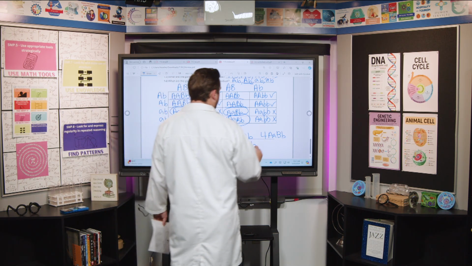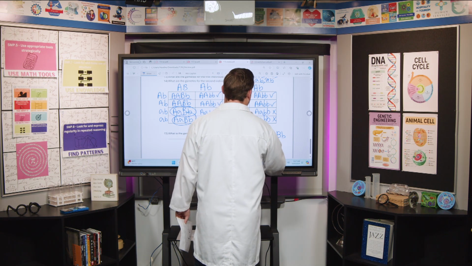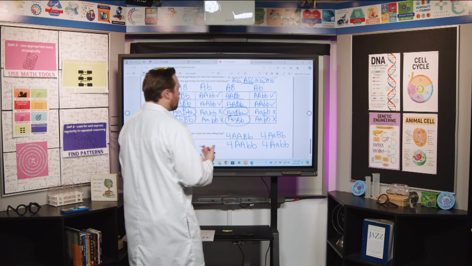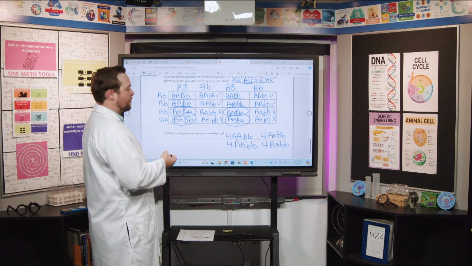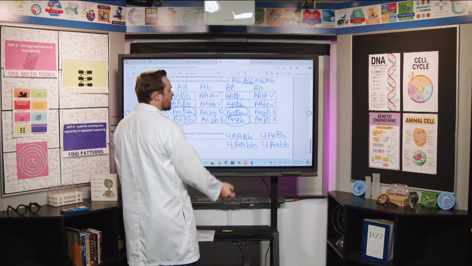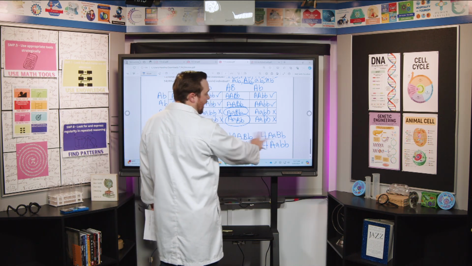And then the ones with X's next to them, there's 4, and they're all like this. You know you've probably done them correctly, or at least found all the correct combinations, if when you add all of them up they equal 16. So 4, 8, 12, 16. That means every box is accounted for.